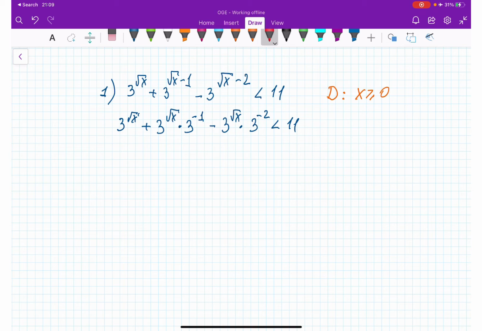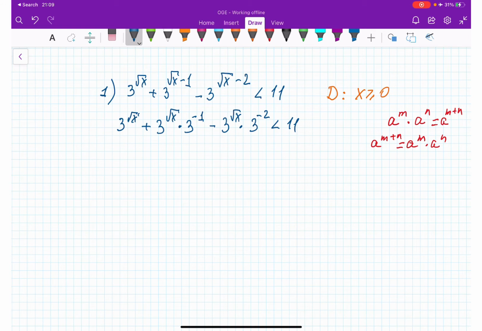Here I use the property of exponents that a to the power m times a to the power n is equal to a to the power m plus n. And vice versa, if a to the power m plus n is equal to a to the m, I use this version, times a to the power n.